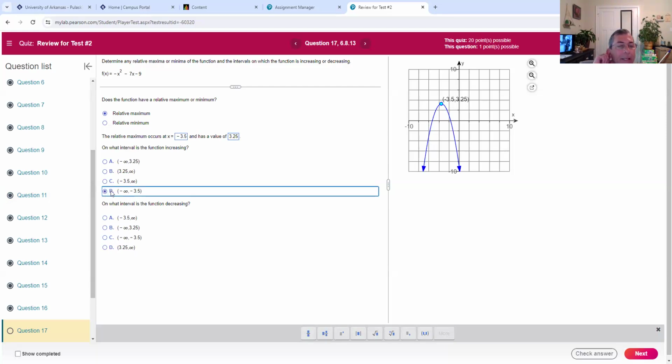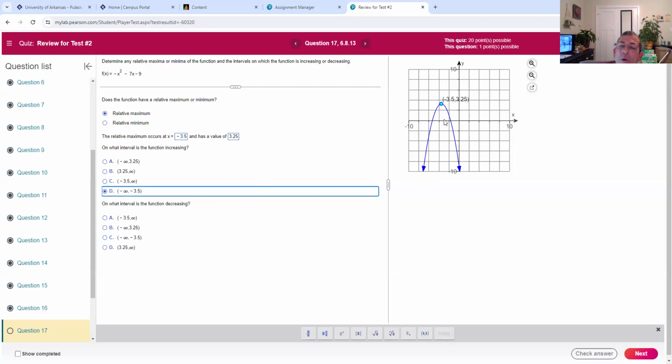So what about decreasing? Decreasing is going downhill. And keep me with the X's still, okay? So A, B, C, or D on decreasing. So we're going from A, which is what, negative 3.5?